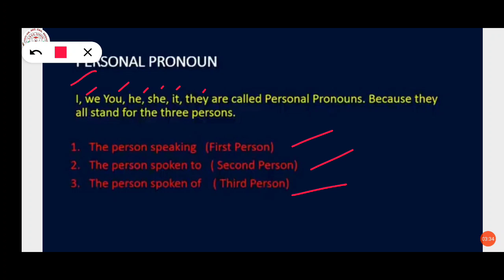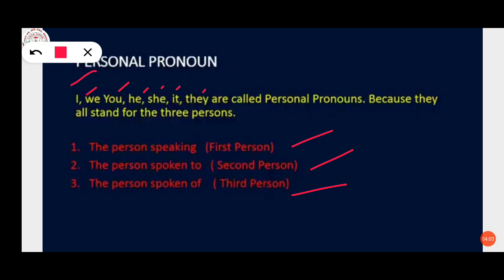Now the first person is what? The person speaking. Like I am speaking here, so I am the first person. Okay. Now second person. Who will be the second person? The person spoken to. It means if I am speaking to you people, to my students, you people will be the second person. Now third person, it means the person spoken of.